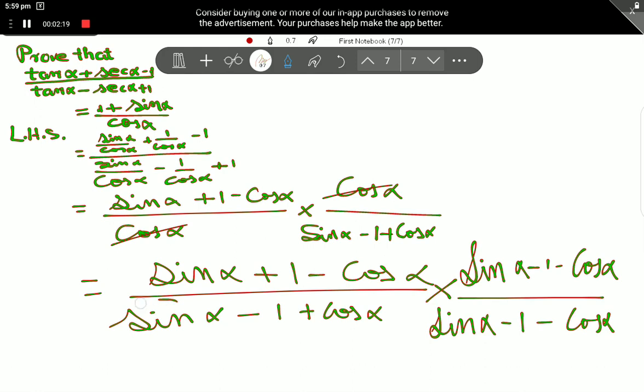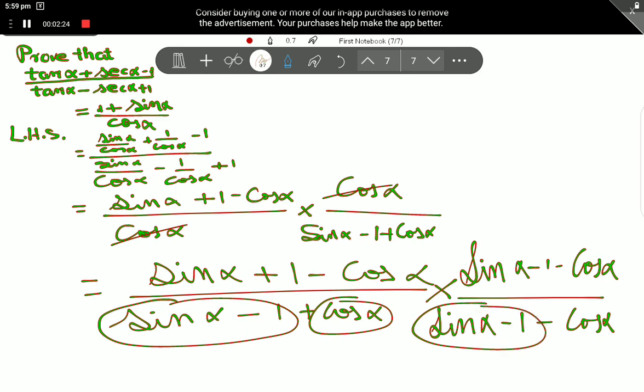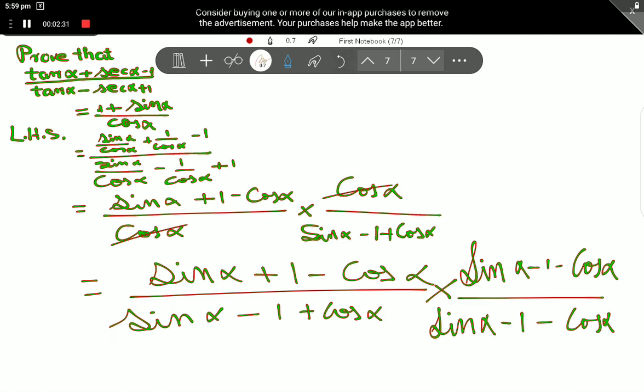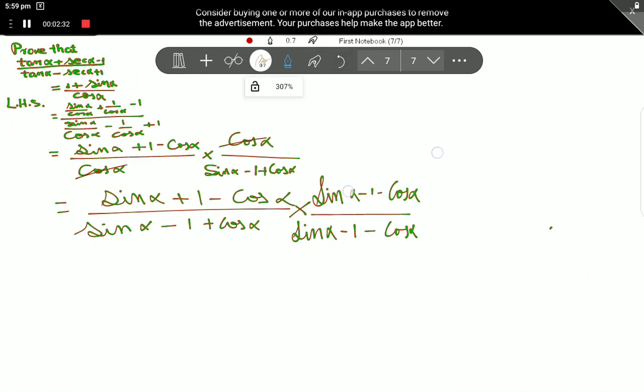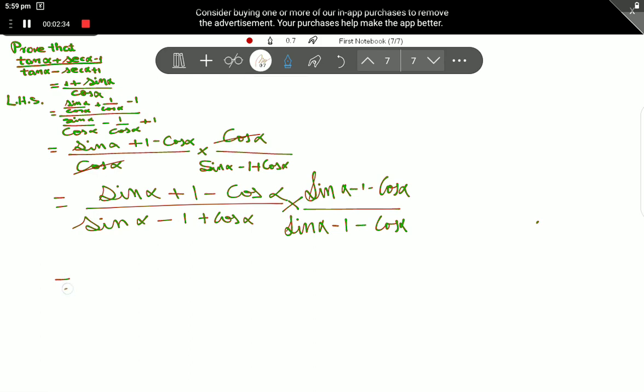If we regard this quantity as A and this one as B, and here also this turns out to be A and B, then we have something called A plus B into A minus B. So in the denominator we have A squared minus B squared.